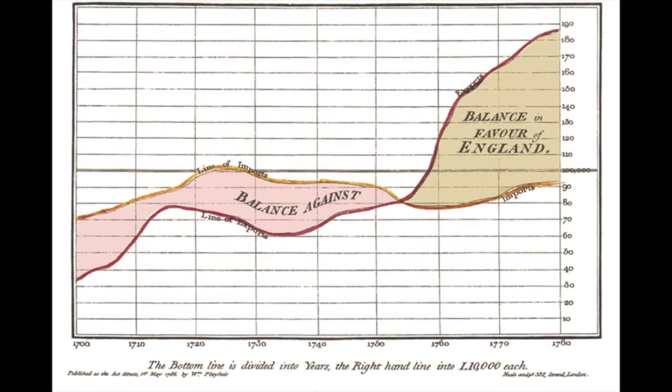And you can look at thousands and thousands of points of data very, very quickly and come up with a conclusion, which is that basically early on we see imports as greater, and then imports are much, much less. So the balance was in favor of England later in the 1700s.